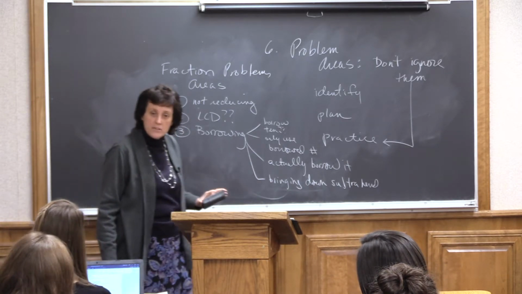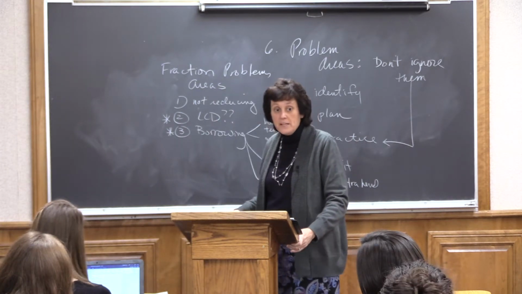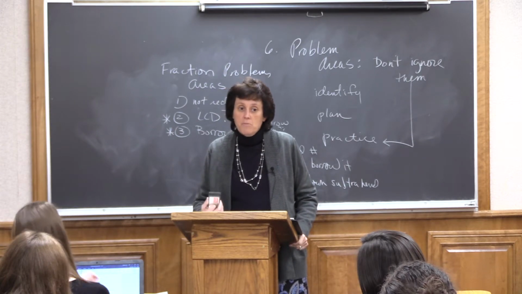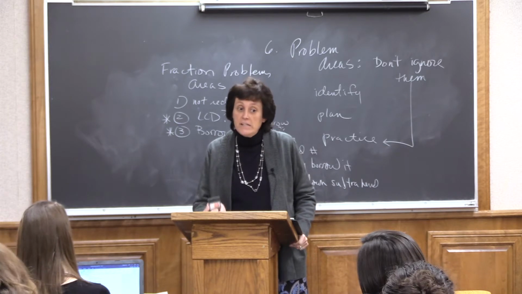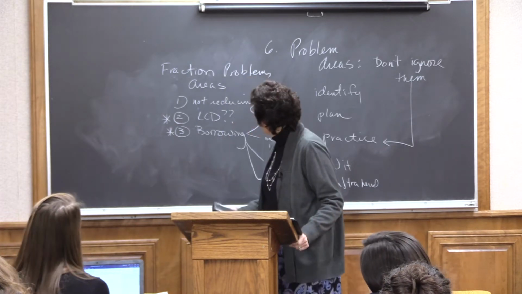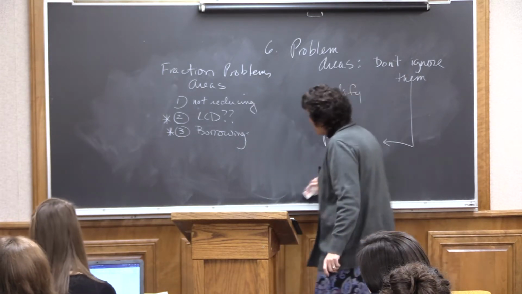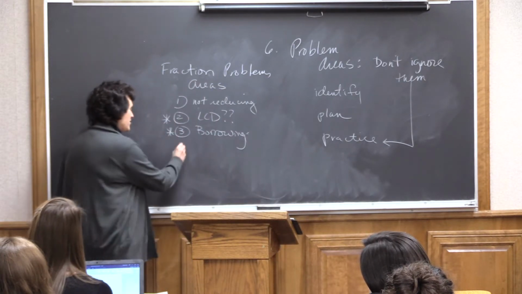Those are two major areas of fraction arithmetic, aren't they? They're going to be taught in 4th grade, but they must be addressed and retaught in 5th grade, and retaught in 6th grade, and then solidified in junior high. So, borrowing, lots of problems with borrowing. All right, do we have a lot of problems with multiplication?